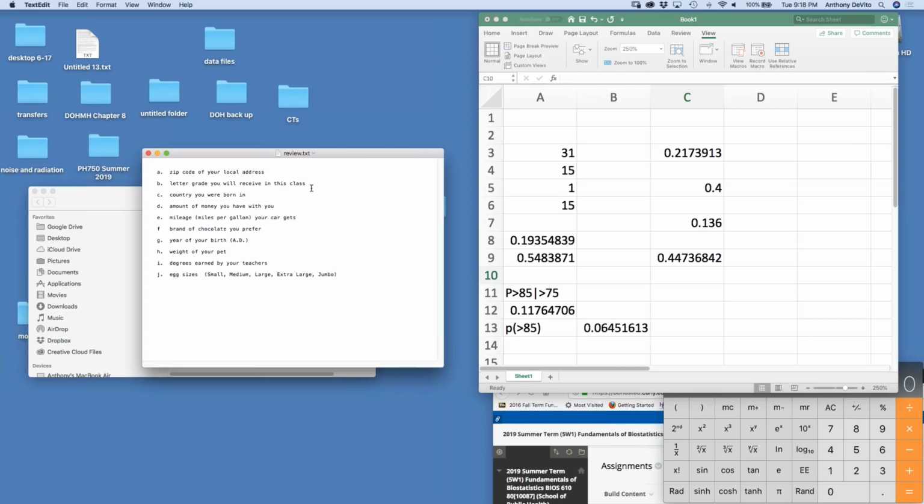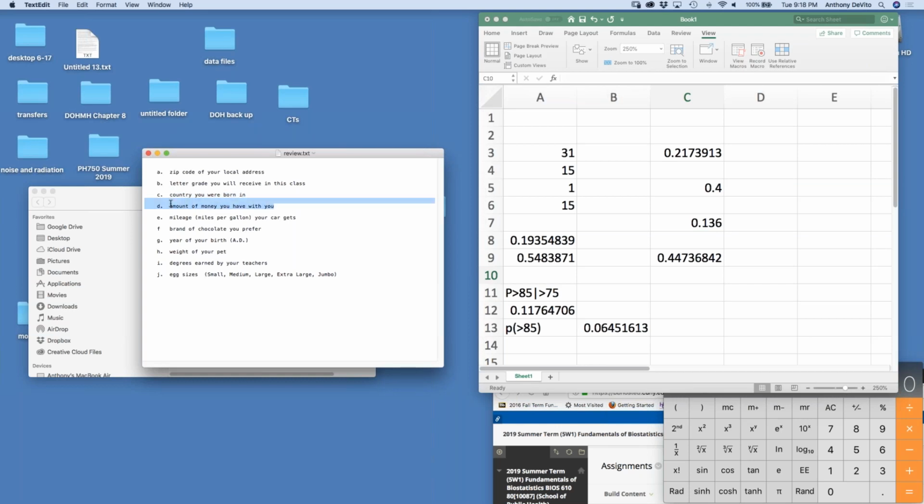A is greater than B, B is greater than C. So while that's a categorical variable, it's a special class of categorical variable that we call an ordinal variable, right? So country that you were born in, that's pretty clear. That's a name, right? So that is definitely a categorical or nominal variable.